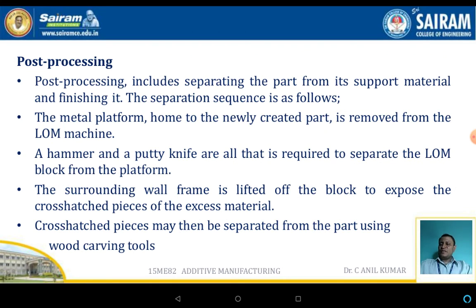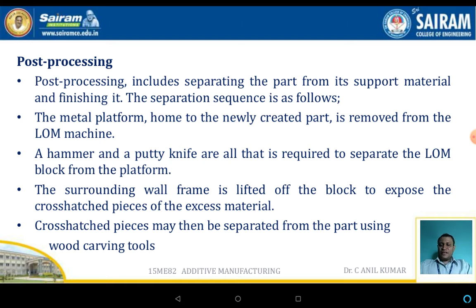The next process is post processing. The post processing includes separating the parts from the supporting materials and finishing it. The separation sequence is as follows. The metal platform with the newly created part is removed from the LOM machine.